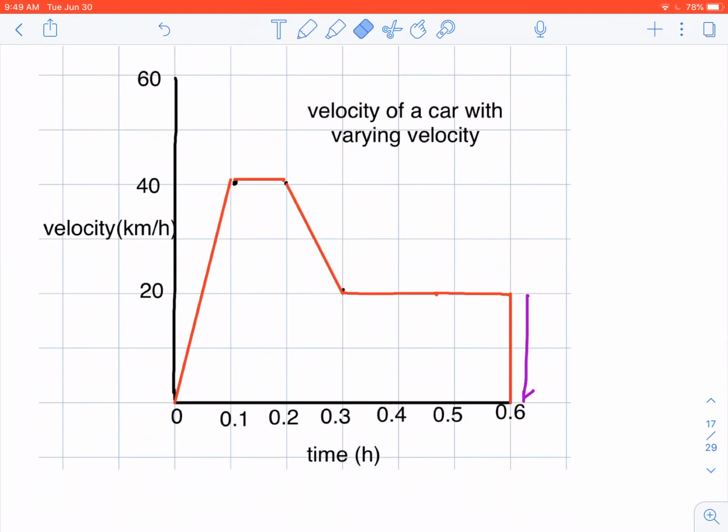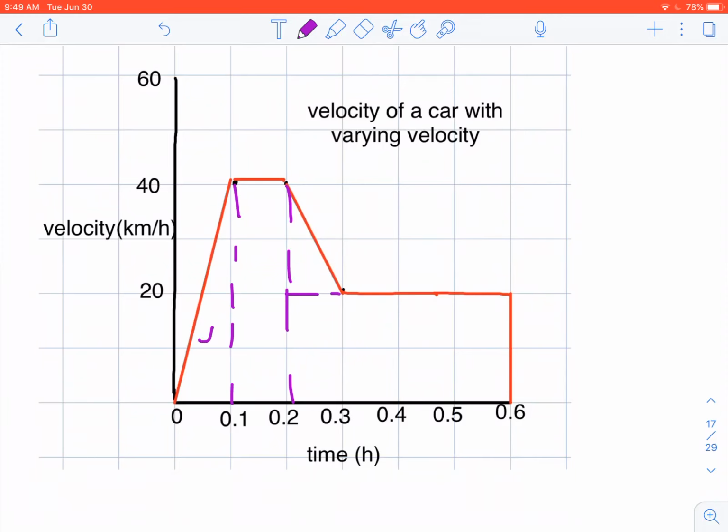Now we want to know what is the total displacement for this, and in order to do that, we say, okay, we have that area, and then we have that area, and we can take that area.